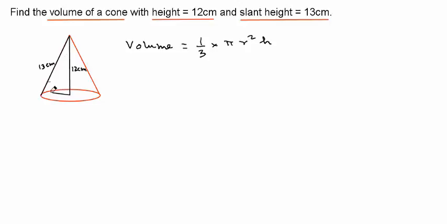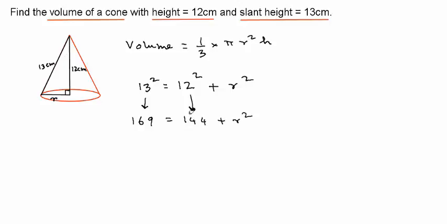To find out the radius of the circular base of the cone, we complete the triangle that has a right angle in it over here and apply the Pythagorean theorem. So if we name this radius r, we have the square of the hypotenuse, which is 13, the slant height given, equal to the sum of the squares of the other two sides. 13 squared is 169, equal to 12 squared, or 12 times 12, is 144 plus r squared.